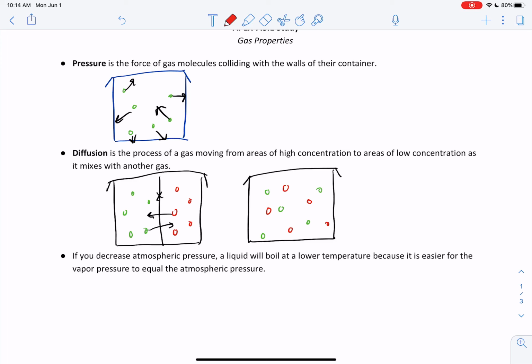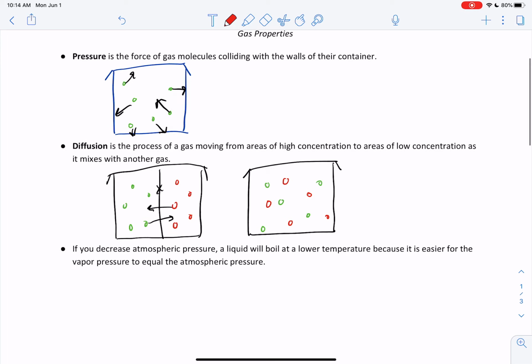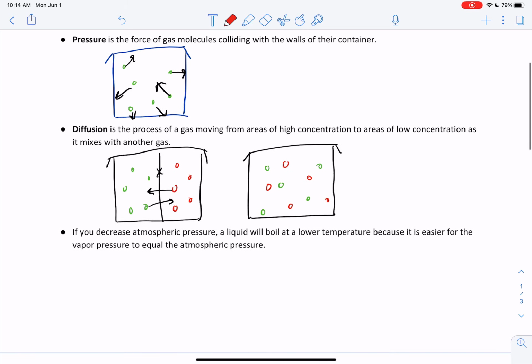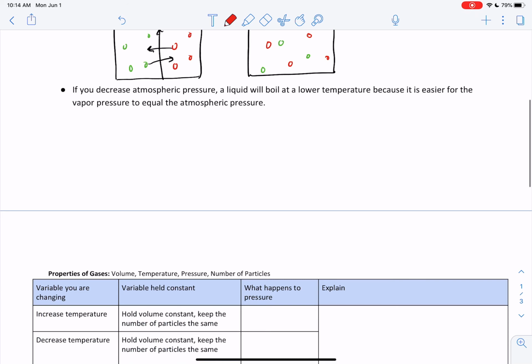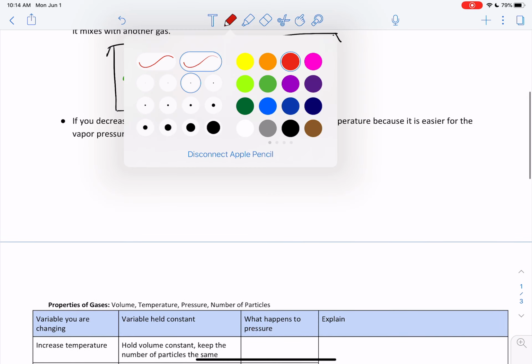Okay, then we're going to start talking a little bit about a phenomenon. If you decrease the atmospheric pressure, a liquid will boil at a lower temperature because it's easier for the vapor pressure to equal the atmospheric pressure. Let's look at this a little more closely.